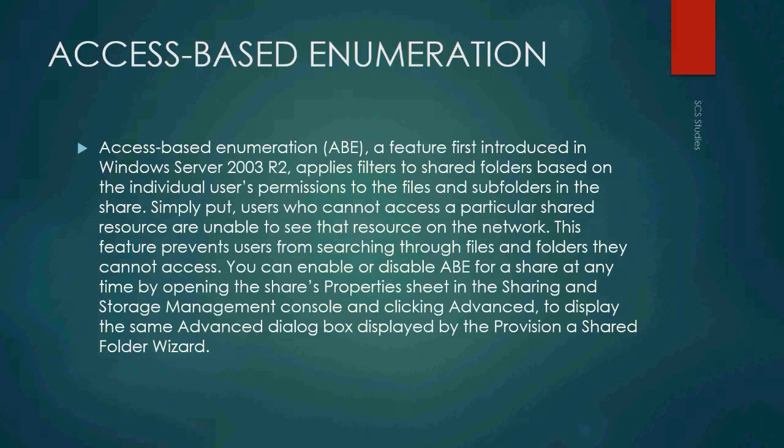To turn it on or off, you just need to go to the share provisioning wizard, go to the advanced option, and enable or disable the ABE feature.